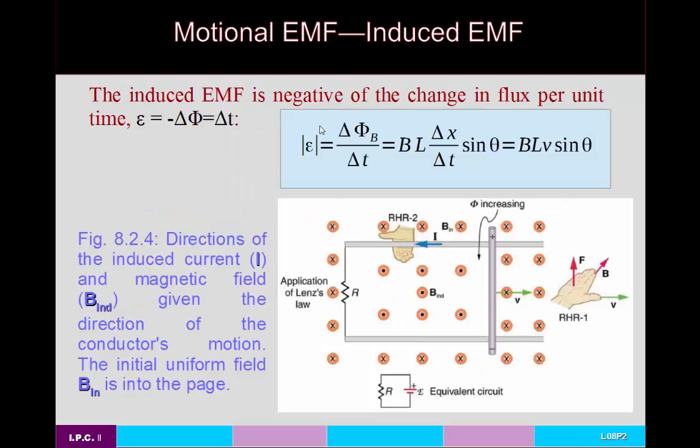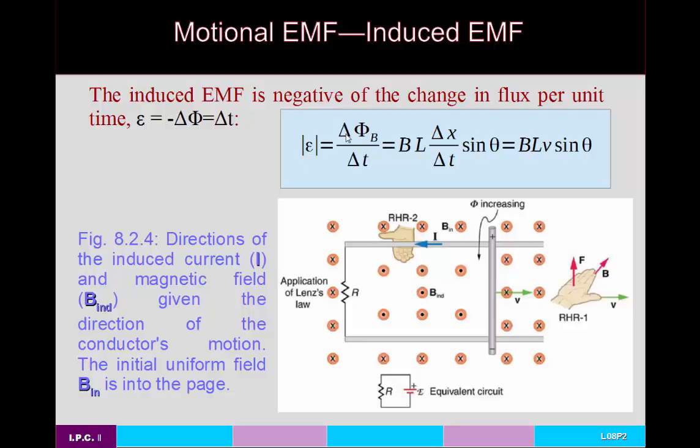According to Faraday's law, the induced EMF is going to be the negative of the change in flux for the magnetic field per unit time. That is, the induced EMF looks like this. And if we want an absolute value of the EMF, we could drop the negative sign if you prefer.